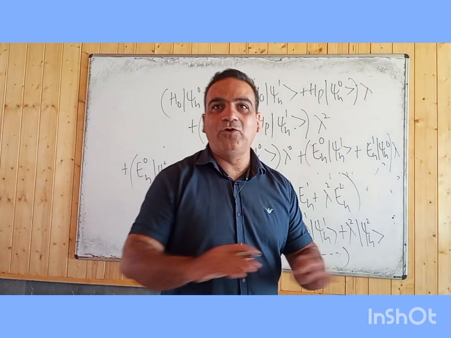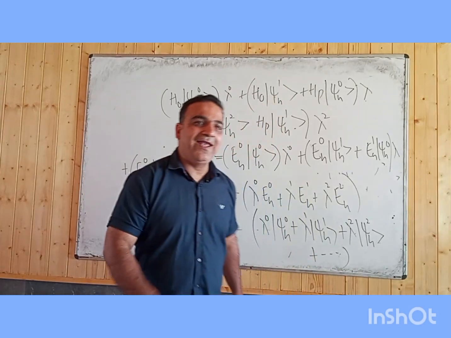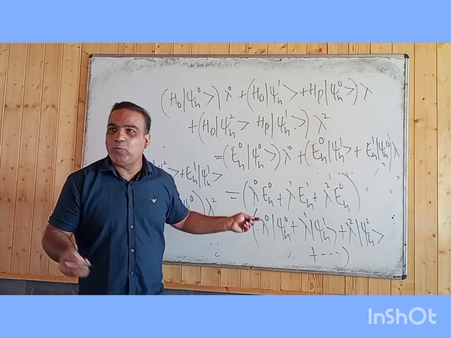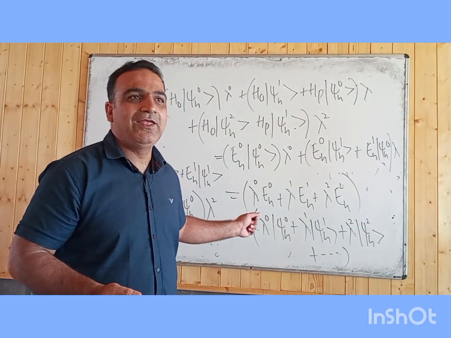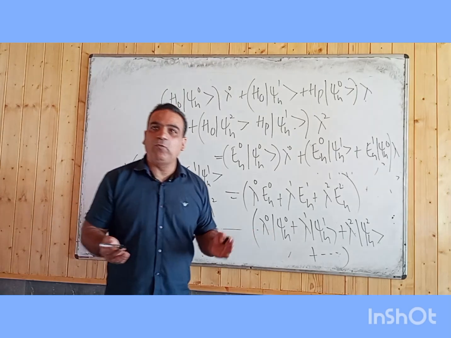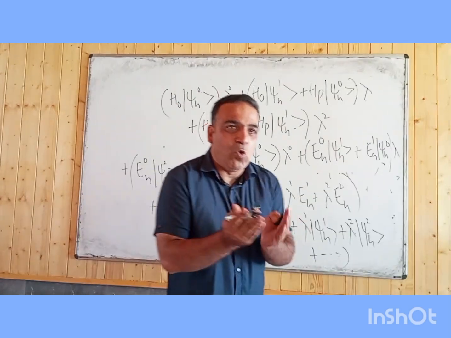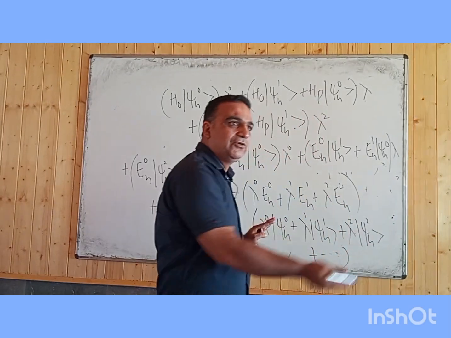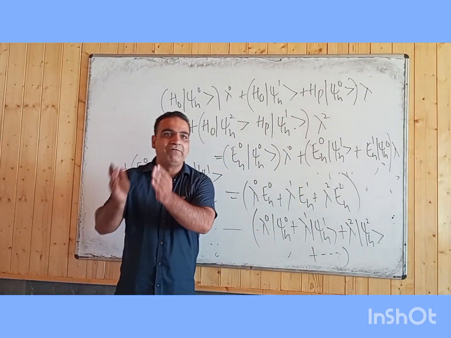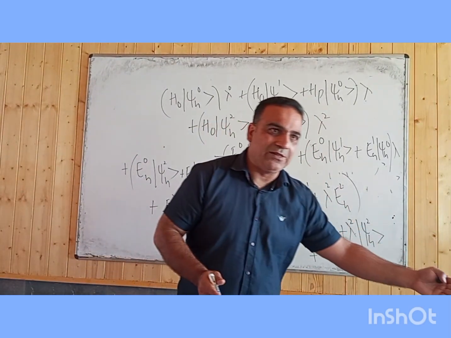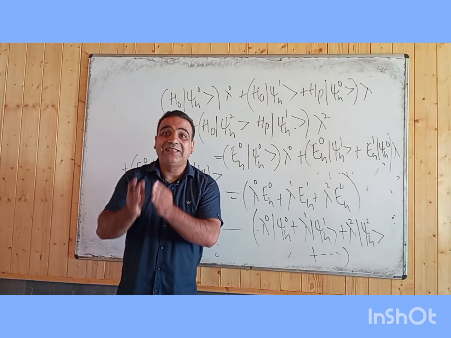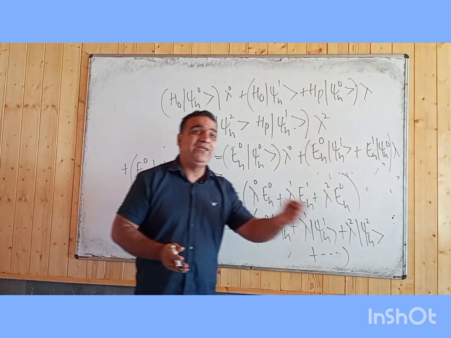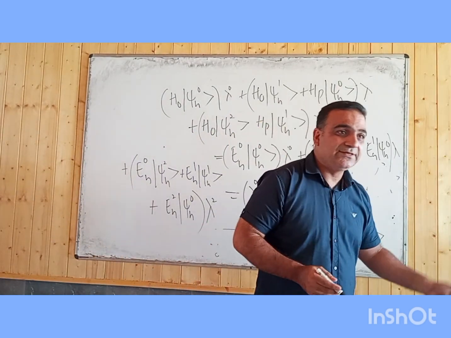So I'll not go with the higher order terms, and for any equation like this, if this equation has to be true, then the coefficient of lambda naught must be equal from left hand side to the right hand side. The coefficients of lambda must be equal, and the coefficients of lambda square must be equal on both sides.